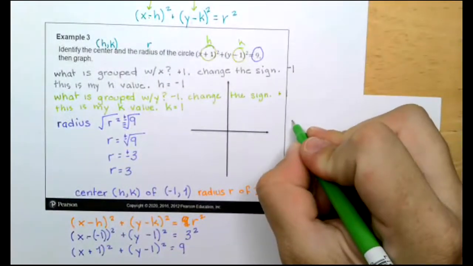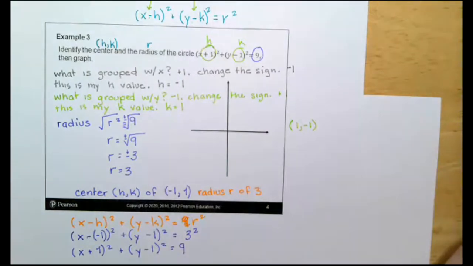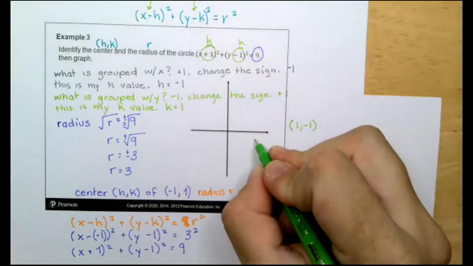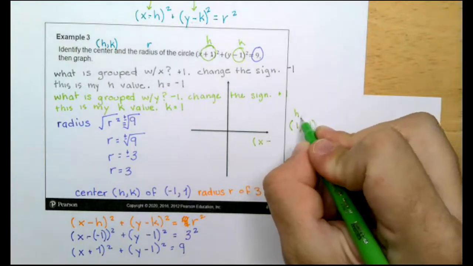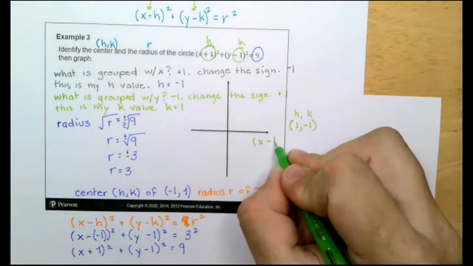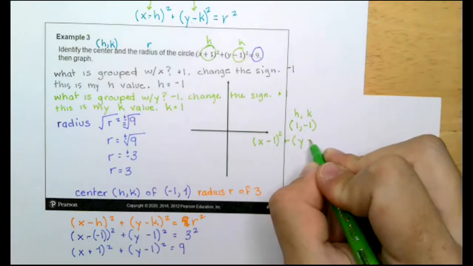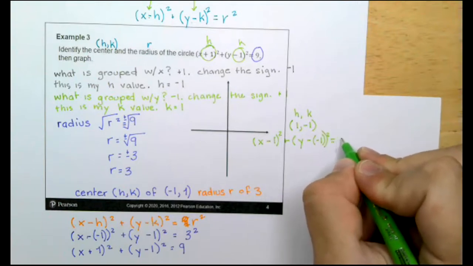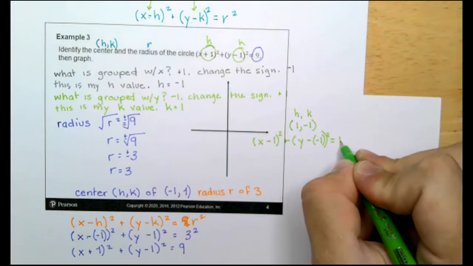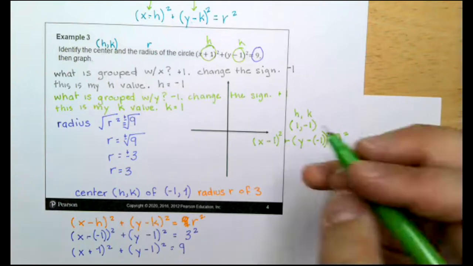so I said, my center is 1, -1, and I tried to put that in, then that would be x minus 1 squared plus y minus -1 squared equals 3 squared, right?